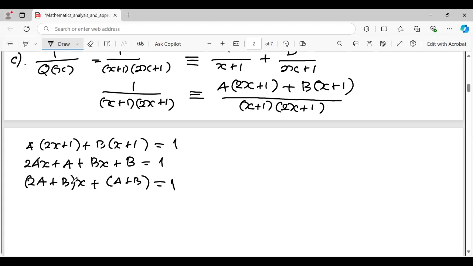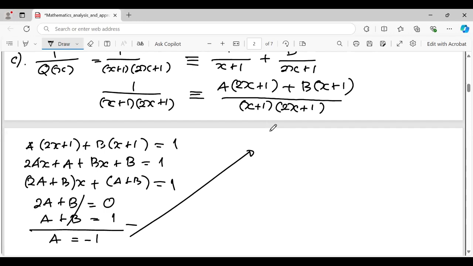So there are two equations: 2A plus B equals 0 and A plus B equals 1. A equals minus 1. It means A plus B equals 1, so A equals minus 1 means minus 1 plus B equals 1. So B equals 2.